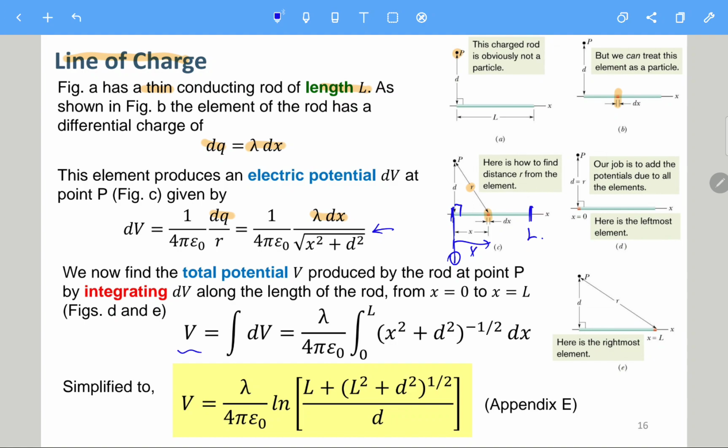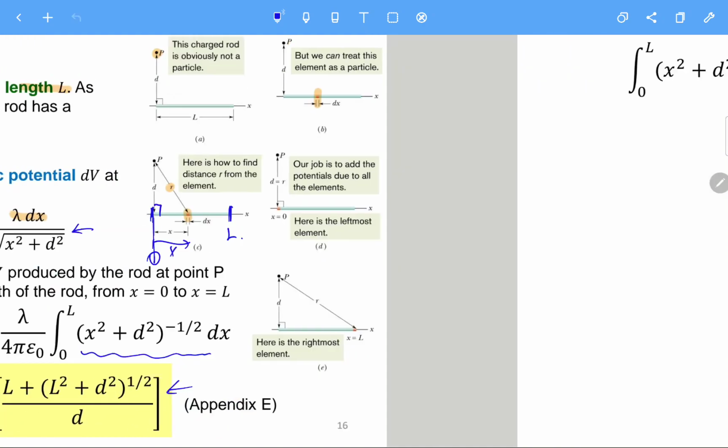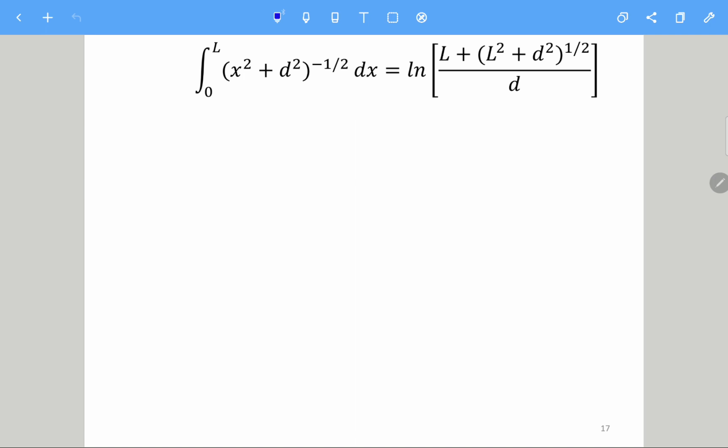So actually we need to calculate this integration. This should not be very difficult, or you can just check it on the integration table, so that you finally find the answer to be this way. Or I can just quickly go through how to evaluate this one. You assume x to be d tangent theta, so dx is d secant squared theta d theta.